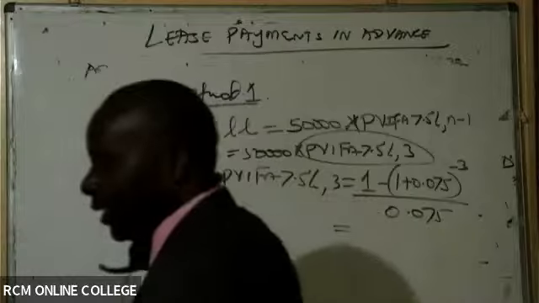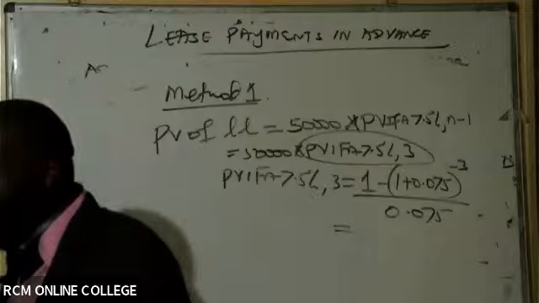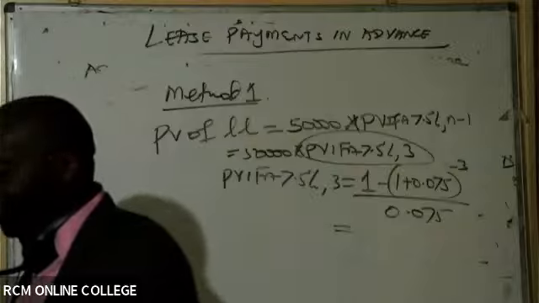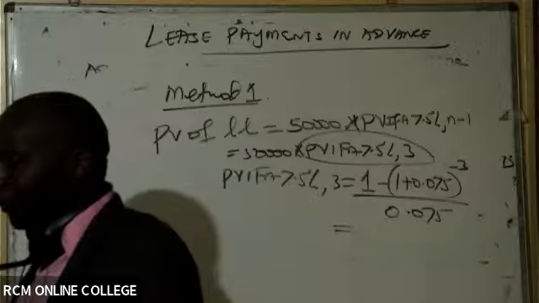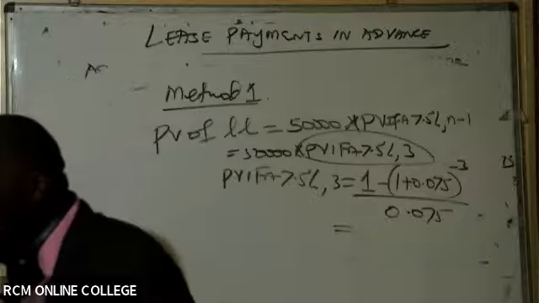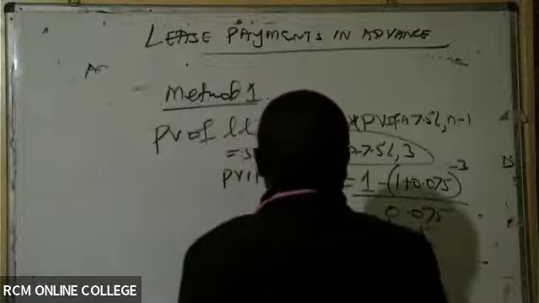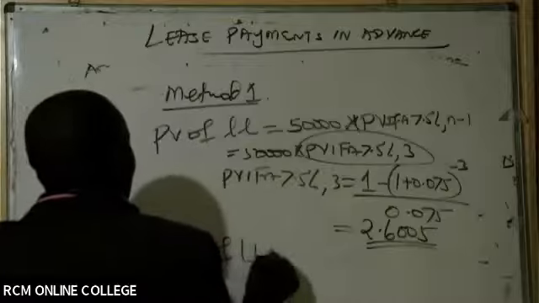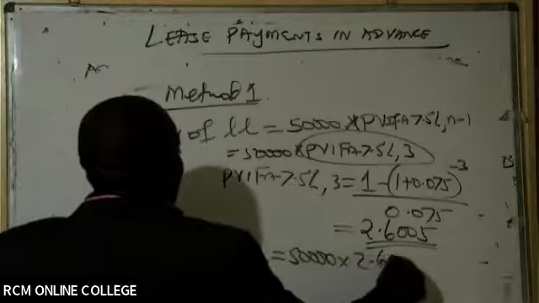It is 2.6005. Then the PV of lease liability will be 50,000 times 2.6005.